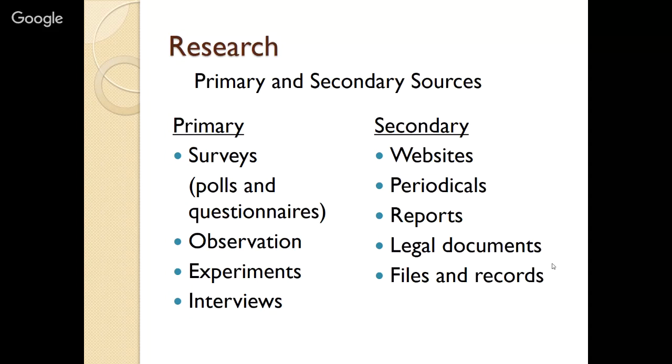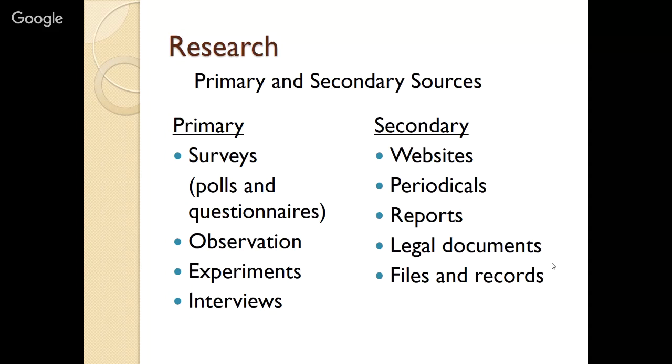Secondary materials, as I said, this is where someone else has done the work, has done the research, and has published their findings, and you are using what they found in your own work. So stuff like websites, periodicals, such as newspapers, magazines, and published journals would be periodicals, reports, legal documents, files and records. Now, like I said, files and records, legal documents, it depends on the level of work that's been put into them.